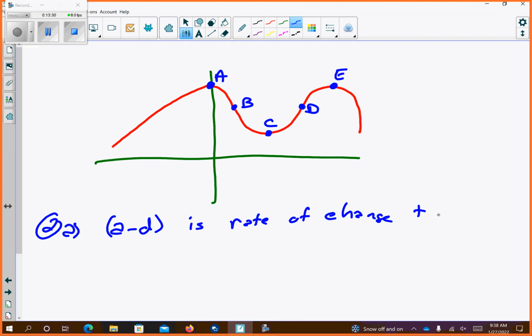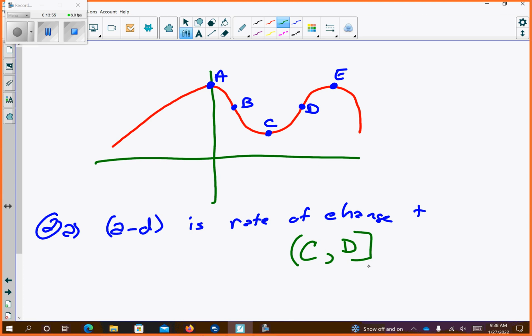From point C to point D, it's positive, meaning if I took the derivative, if I knew what this function was as an equation, and plugged in values between C and D, so it's soft bracket C, hard bracket D.